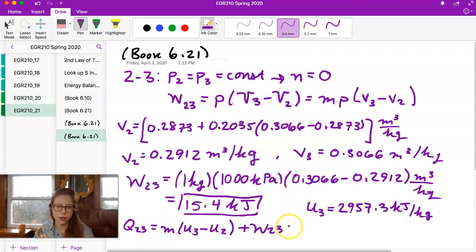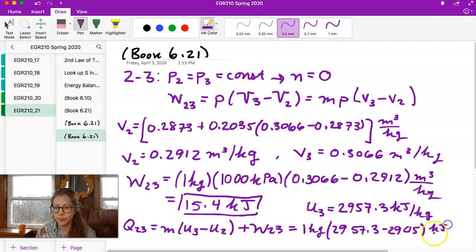Okay, and so this is going to be equal to 1 kilogram times 2,957.3 minus 2,905, and we figured that out earlier, kilojoules per kilogram, plus 15.4 kilojoules. So Q23 is going to be 67.7 kilojoules.